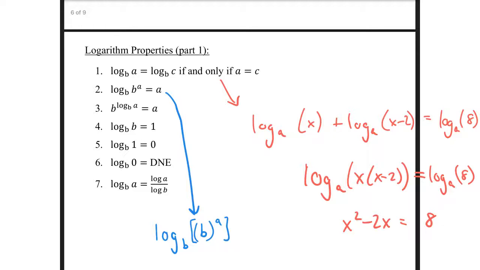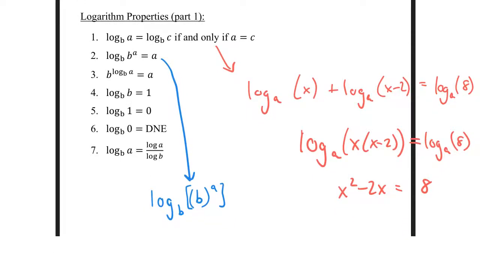So this becomes the following now. This becomes A times log base B of B. But look at rule 4. What's log base B of B? Just 1, isn't it? So this becomes A times 1, which is just really A. So I'm using rule 4 to help me prove rule 2.